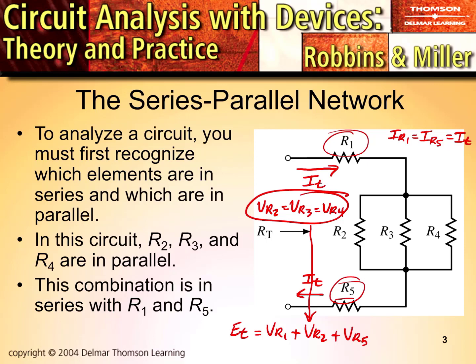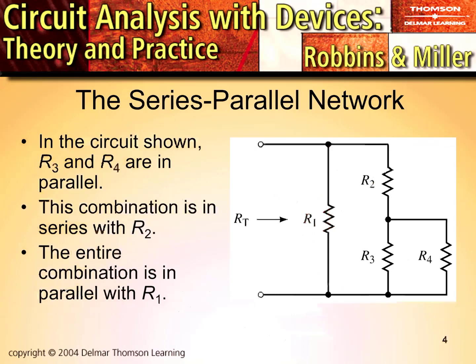That's the process we go through to determine unknown values when we have a combination circuit like this. It really comes down to applying the truths and the properties that we know from understanding series and parallel connections.